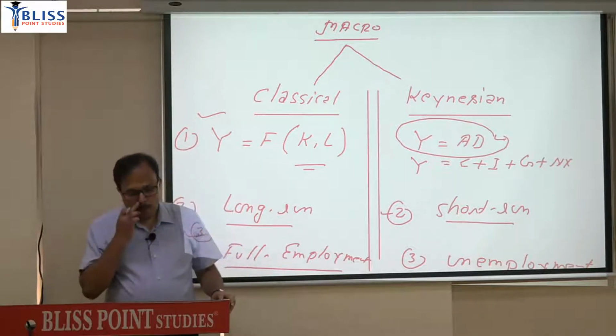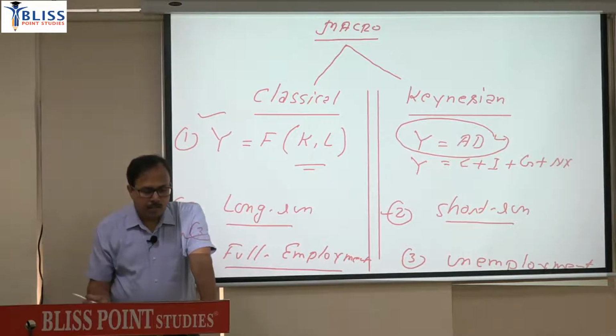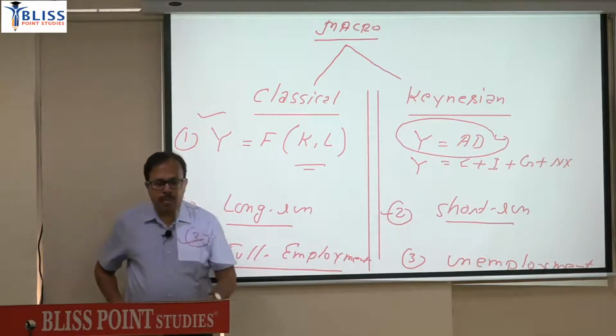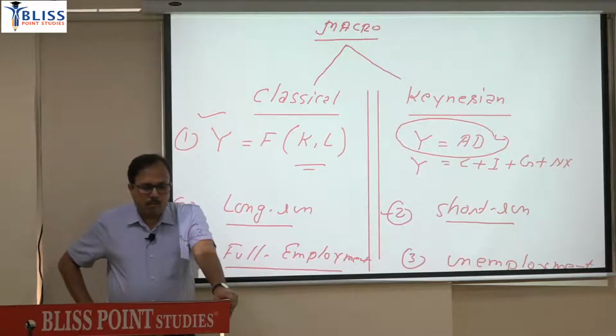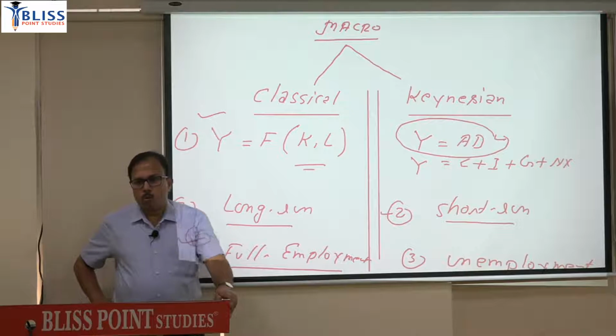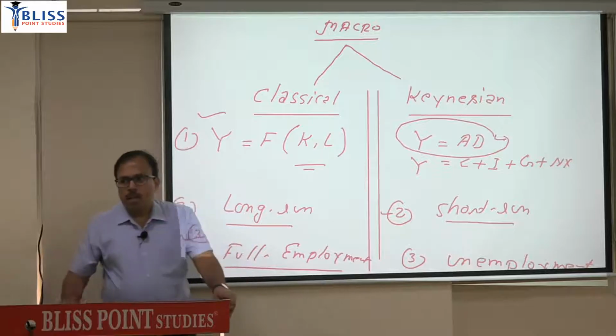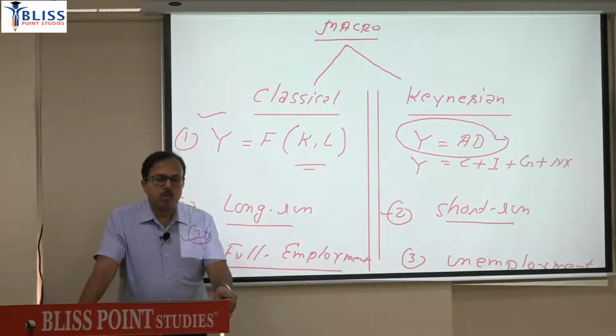Next paragraph. Classical economists felt that the free market mechanism would work to provide a market for any goods that were produced.